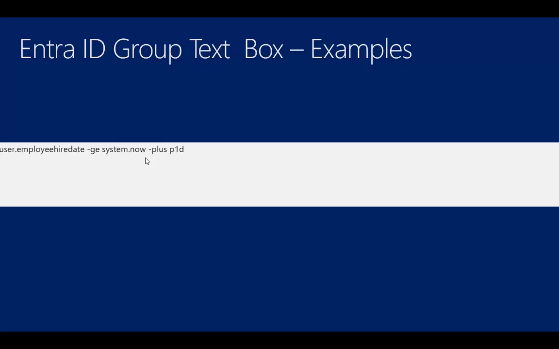One of the variables is to use a system function like system.now as an example. There's also the plus operator. So in this case, it's plus 1 day. And this is going to return users whose employee hire date was the date on the system now, plus possibly 1 day, which may not actually make sense in a real world scenario, but is not bad for an example.